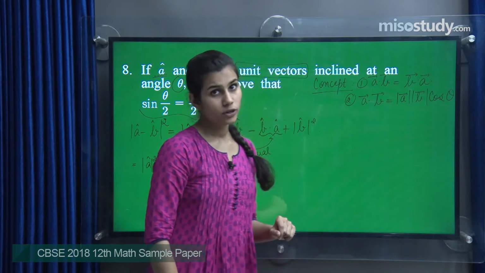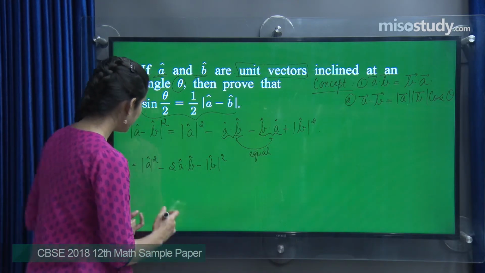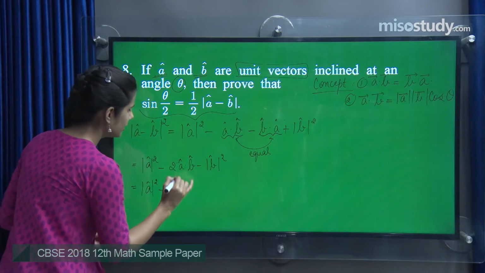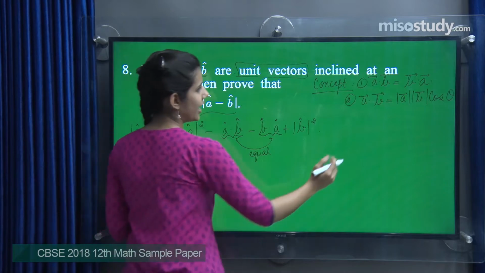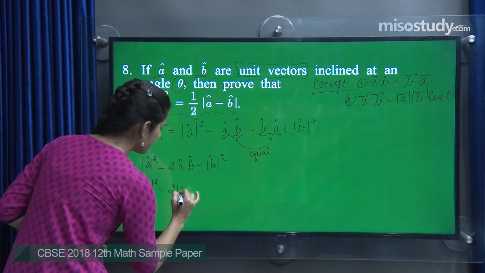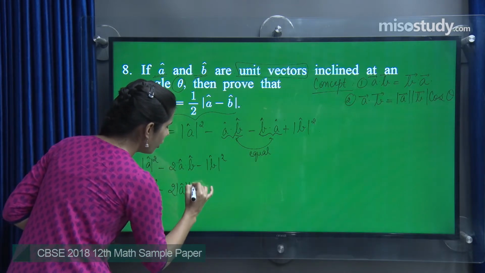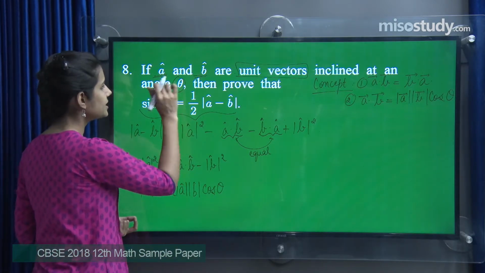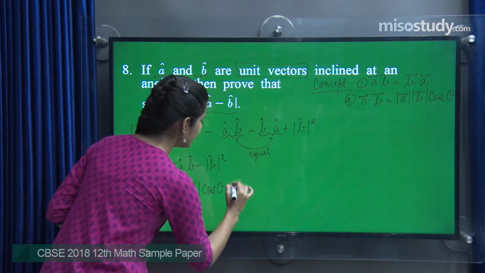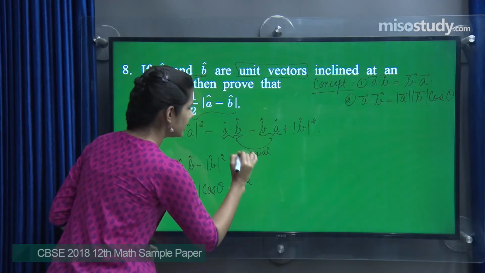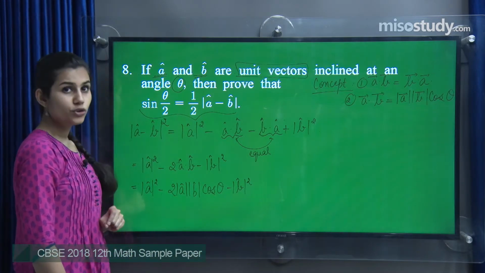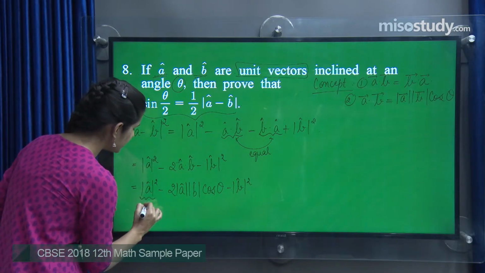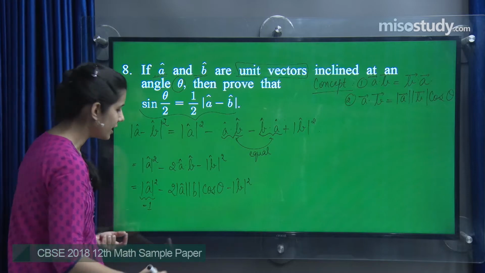These are the concepts which will be used. Why? Because over here I am going to write, now A dot B, I have the formula. This is mod of A vector, mod of B vector into cos of theta, where theta is given to me, minus this. Now you know that A and B are unit vectors. So this is equal to 1 square, which is 1.